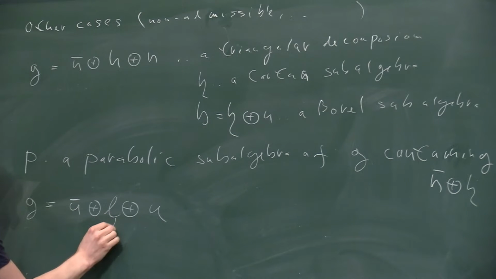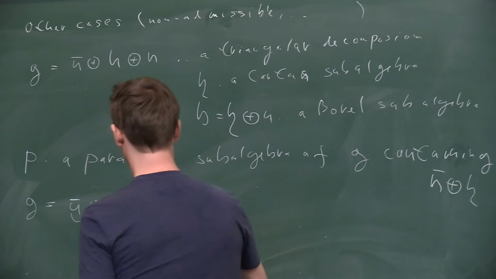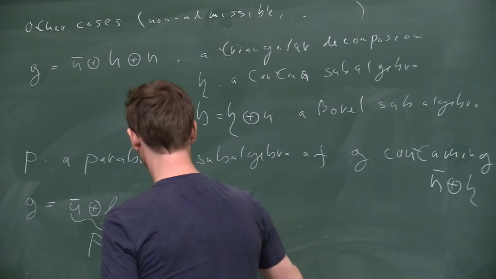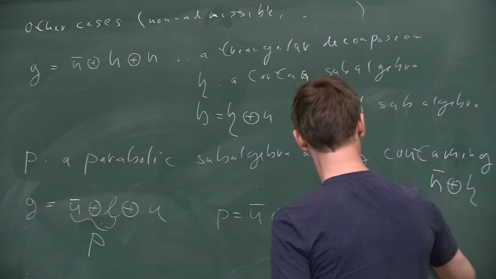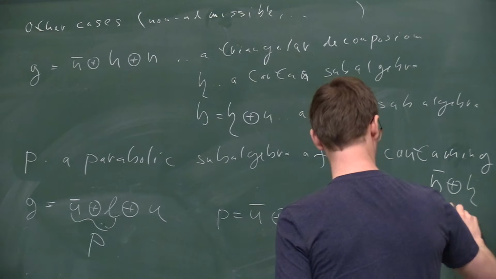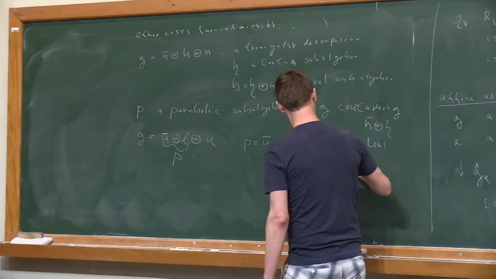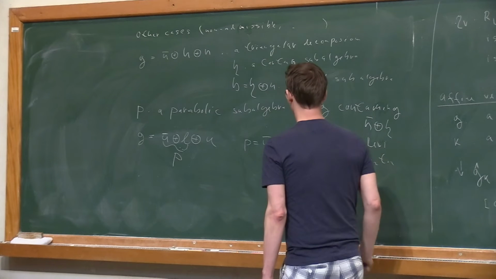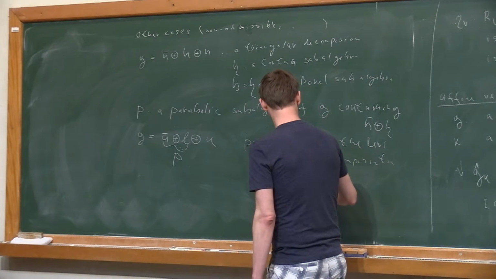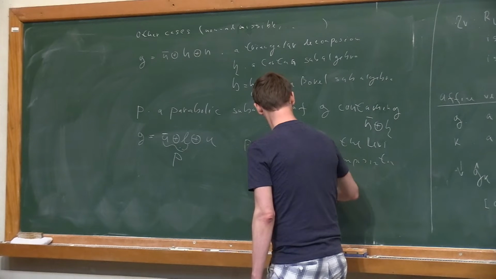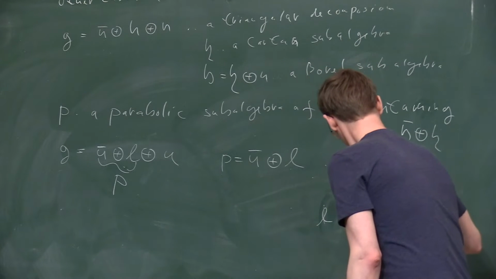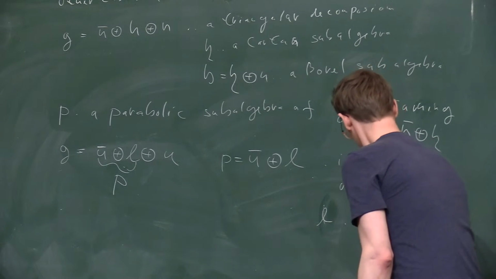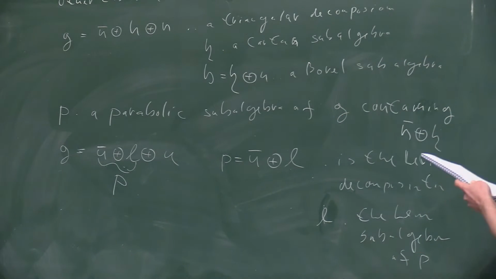So this is p, and this is the Levi decomposition. So p is equal to u bar plus l. And l is a Levi subalgebra of p.